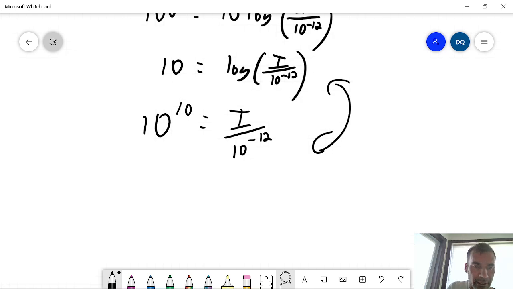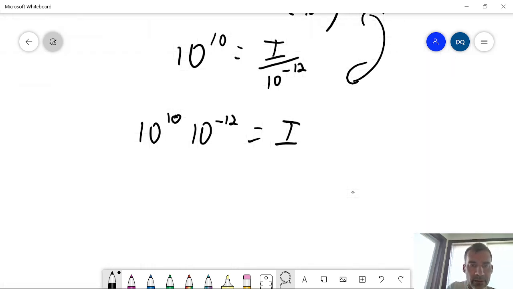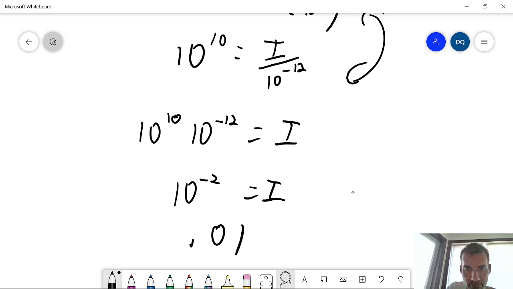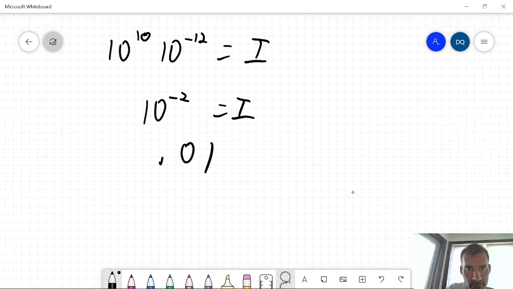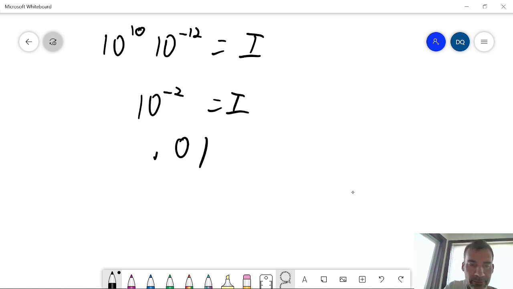Let's multiply that up, so I've got 10 to the 10 times 10 to the minus 12 is equal to I. So that's 10 to the minus 2, or decimal 0.1, or 1/100th. So that is the intensity of sound that I'm looking for.